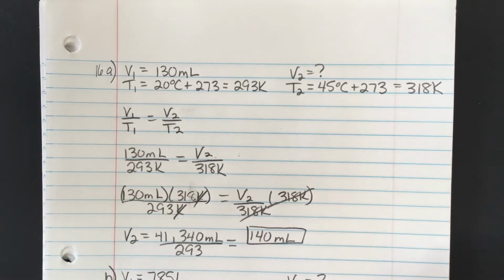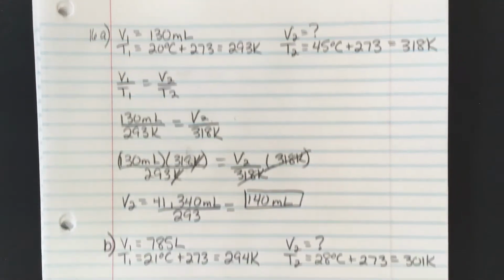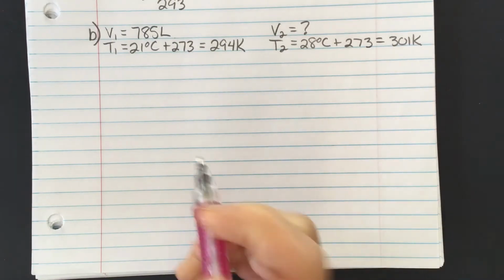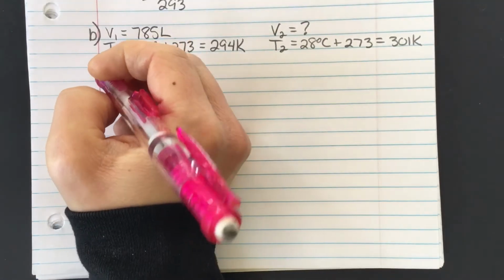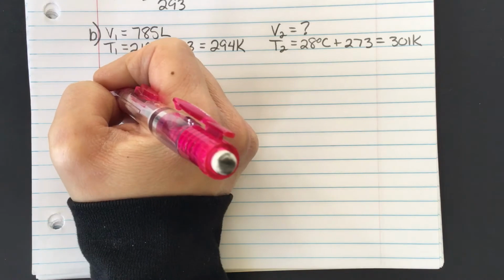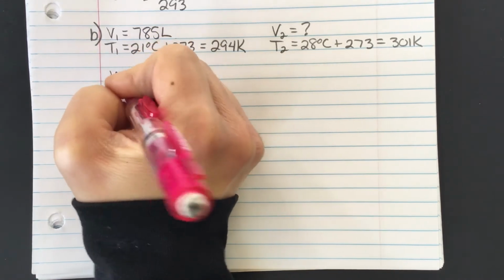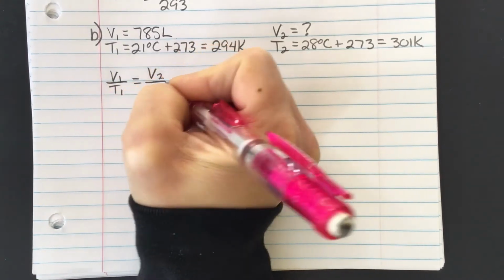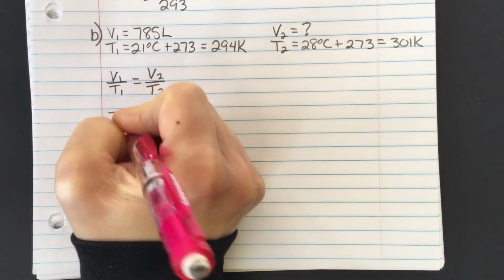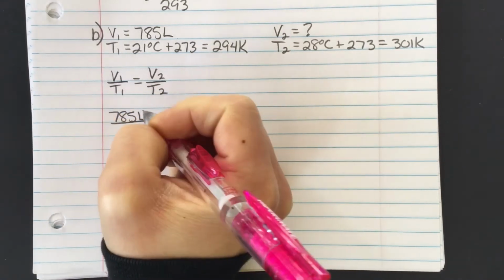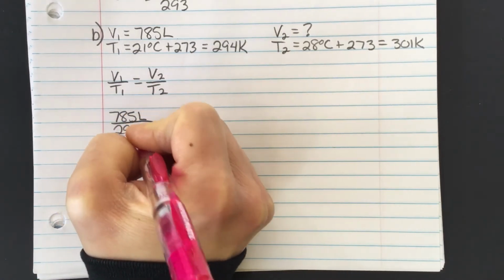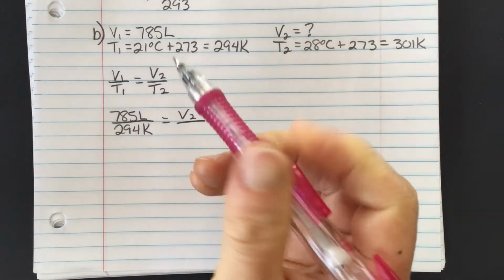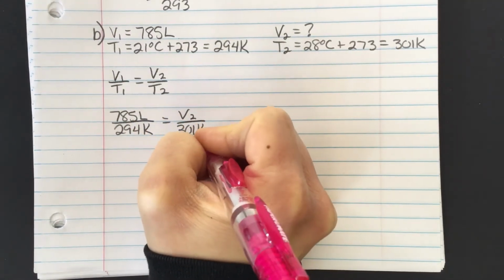Convert to Kelvin, and I have 301 Kelvin. Okay. So my equation V1 over T1 equals V2 over T2. Plug in my numbers. 785 liters over 294 Kelvin equals V2 over 301 Kelvin.